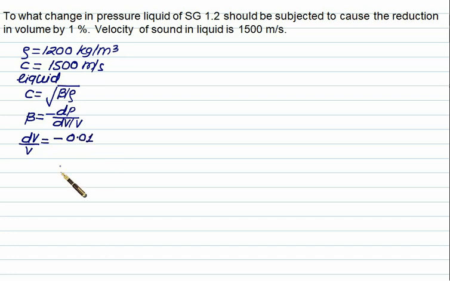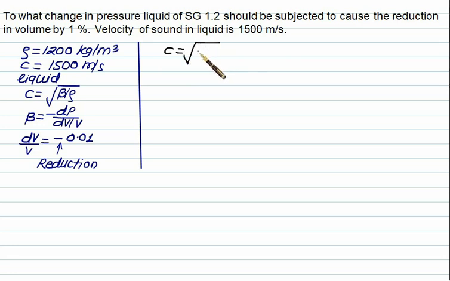So first of all we'll calculate here the velocity of sound as under root of beta by rho. Since here we know the value of velocity of sound, we are able to calculate the value of beta. So if we square it on both sides, we'll get 1500 square equal to beta divided by rho, which is 1200. From this we'll get the bulk modulus equal to 2.7 into 10 to the power 9 Pascal. Now we'll use this definition of beta, and from this we can calculate a change in pressure.